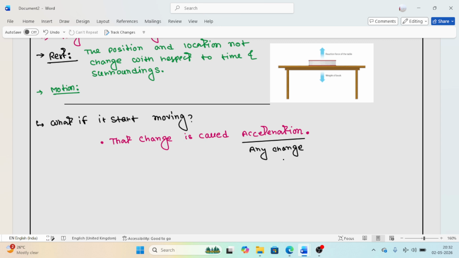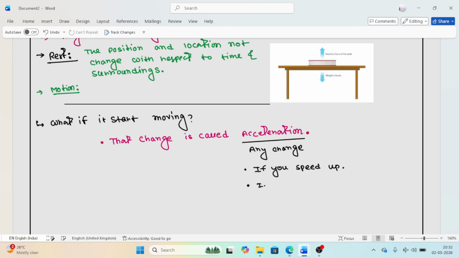So, any change means, let's say, if you speed up, that's also acceleration.